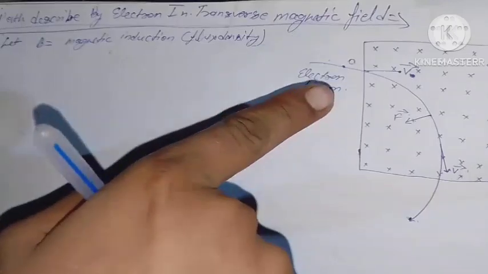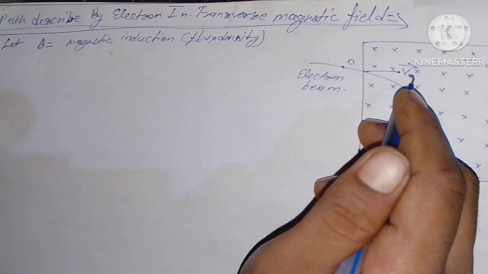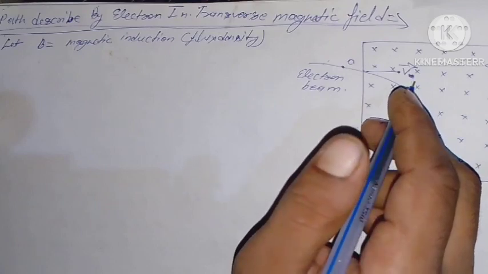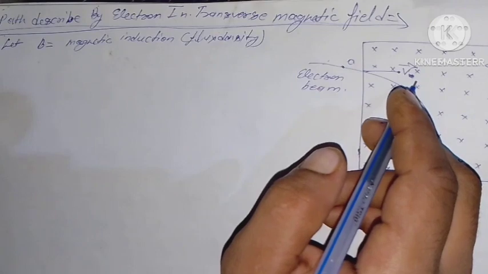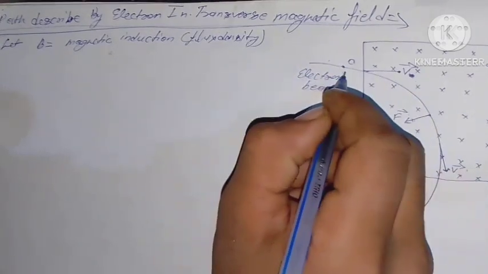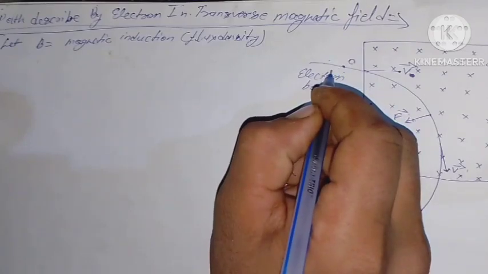charge, moving with velocity v in a horizontal direction, enters the magnetic field at O, as shown in the figure.